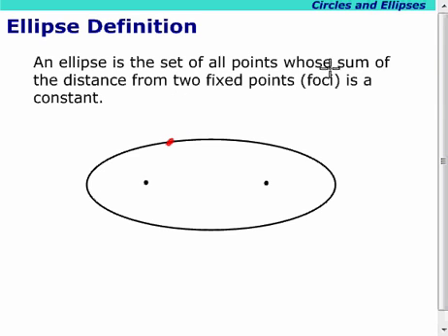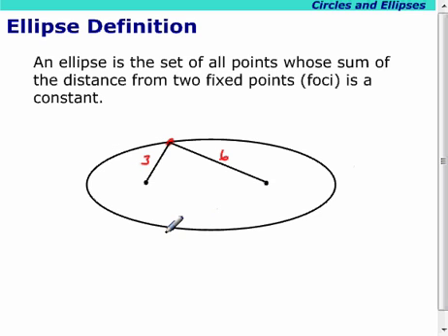The sum of the distance from two fixed points: if I draw a line to this point, and draw a line from my other focus point, the sum of those two distances is always the same. For example, say this was 3 and this was about 6. It looks like the sum of those two distances is 9.